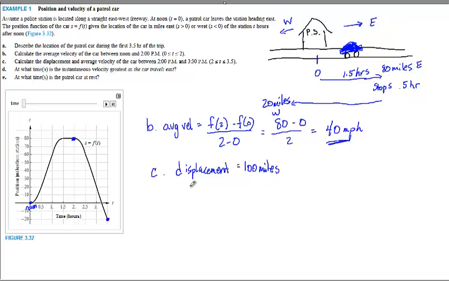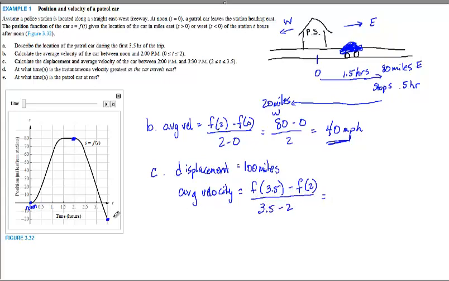Then the average velocity is going to be f of 3.5 minus f of 2 all over 3.5 minus 2.